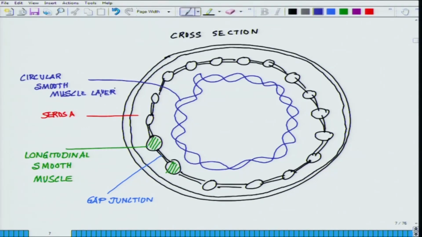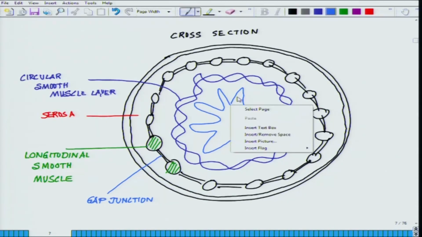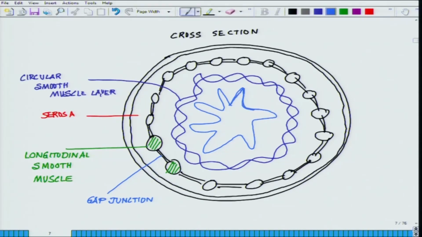And then within the circular smooth muscle layer, you have another layer, which is called the mucosal layer. This is a double layered structure.